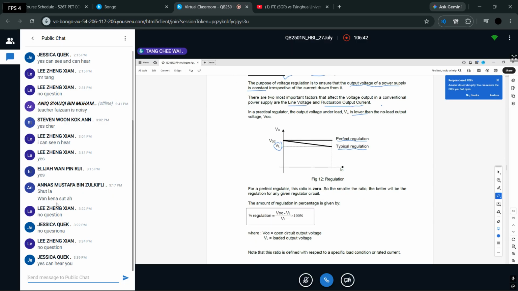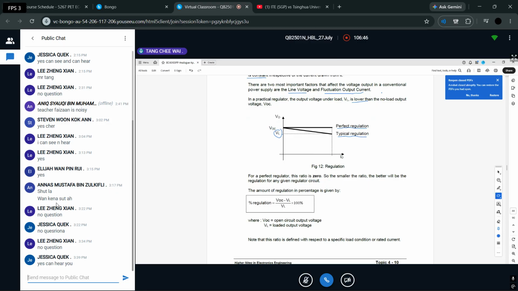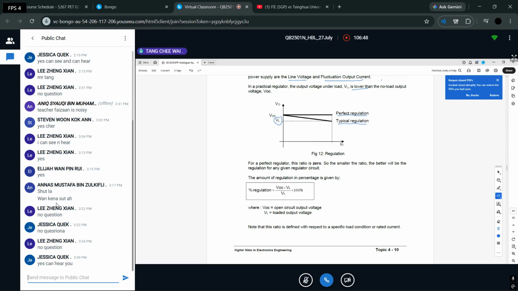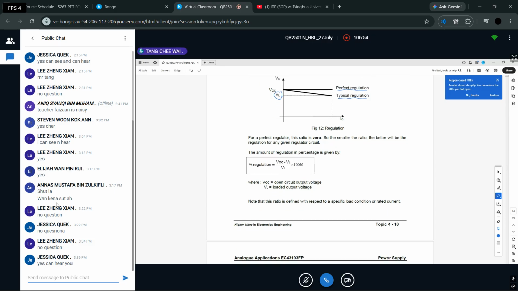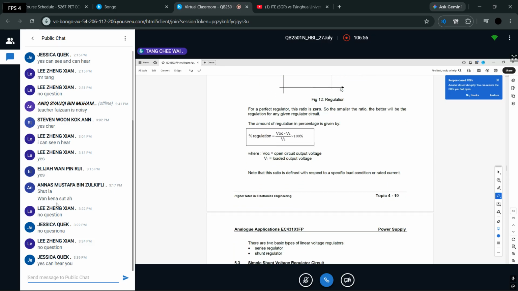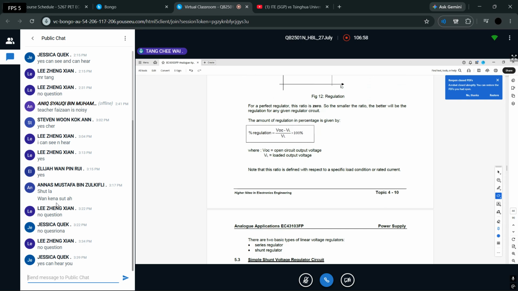There's no perfection. On paper, everything is perfect, but in practical there are some slight differences. Of course, they try to close the gap. If you are talking about a perfect regulator, the ratio is supposed to be 0.